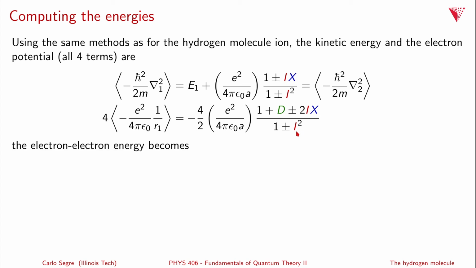The final term that we have to calculate is the electron-electron energy, which we'll call V_EE.